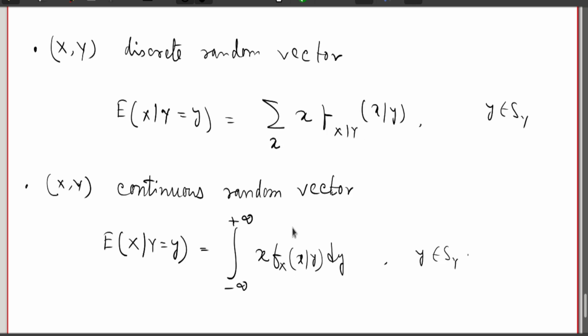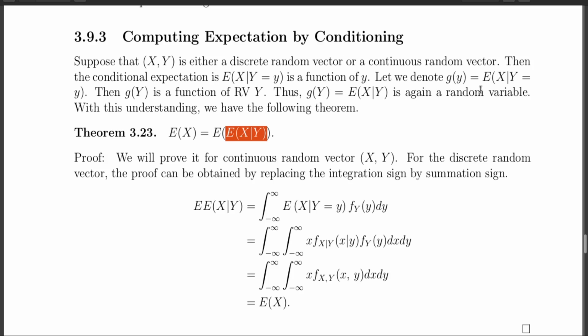Similarly, when I do the integration with respect to x, y will remain, and if I change y, this value will change. So in both cases, the conditional expectation of X given Y equals y is a function of small y.